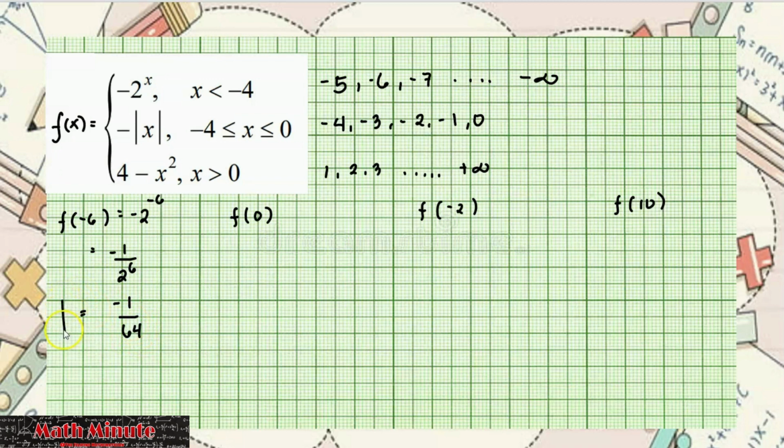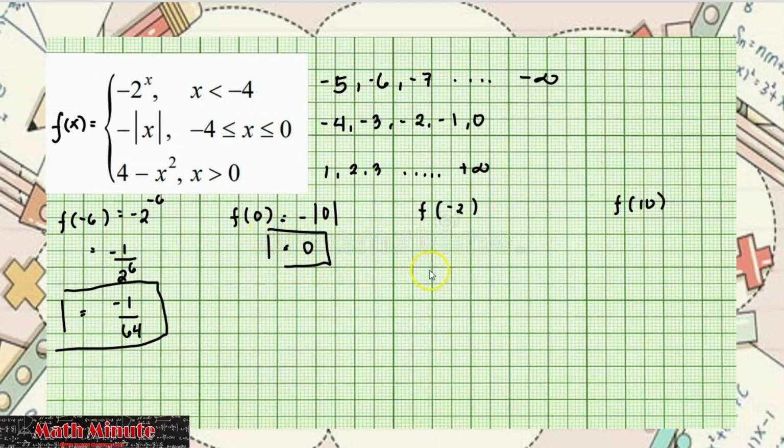So the value of f of negative 6 is negative 1 over 64. Next will be f of 0. So as you can see, f of 0 lies on the second function rule, which is the negative absolute value of x. So this will be negative absolute value of 0. So since 0 is neutral, the answer here will be 0 only.